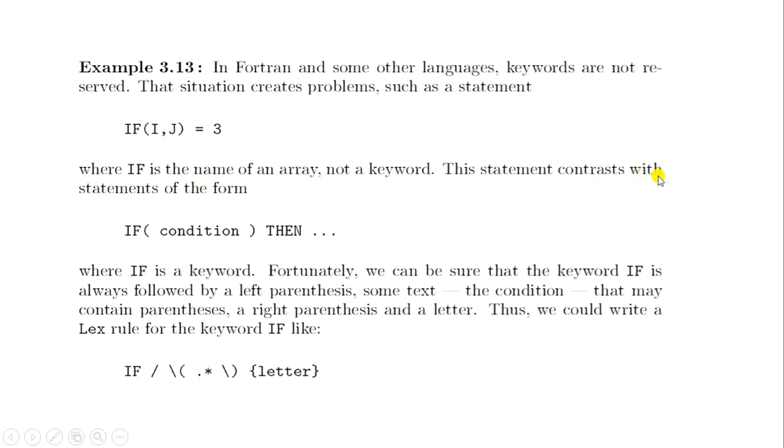This statement contrasts with a statement of the form IF (condition) THEN, where if is a keyword: if the condition is satisfied, then you are supposed to do something. How exactly do we differentiate between if used as a variable name, as an array, and if used for the condition purpose?